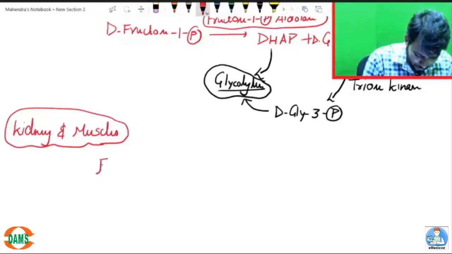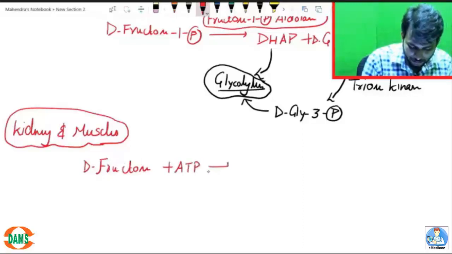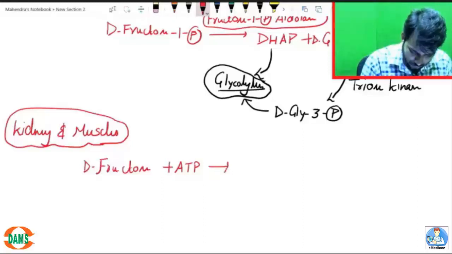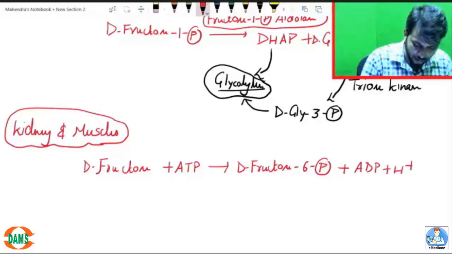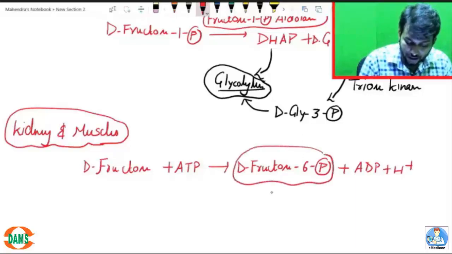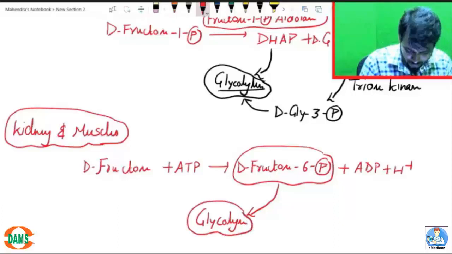So fructose is phosphorylated with the help of ATP to D-fructose 6-phosphate plus ADP plus H+. D-fructose 6-phosphate can enter into glycolysis directly, in the process of glycolysis.